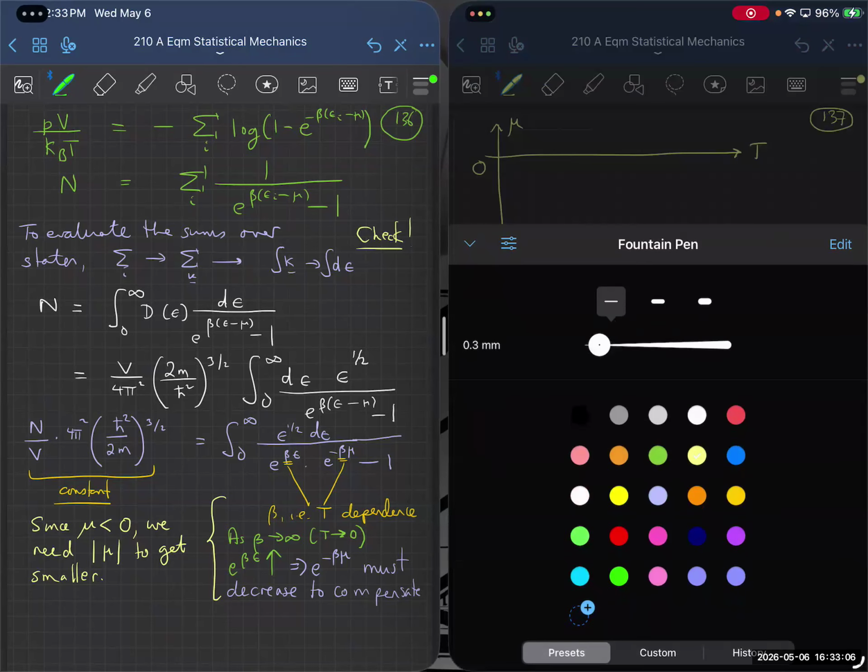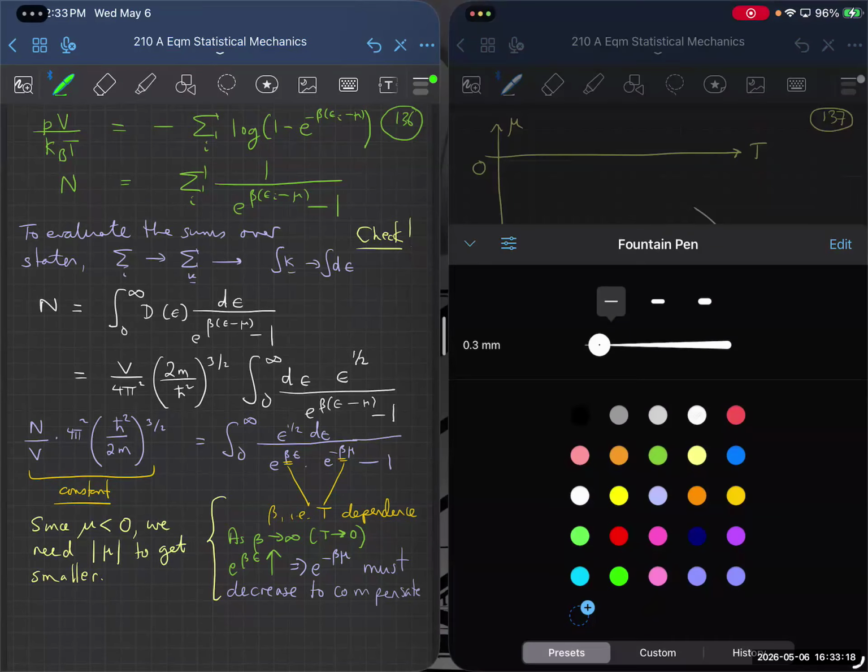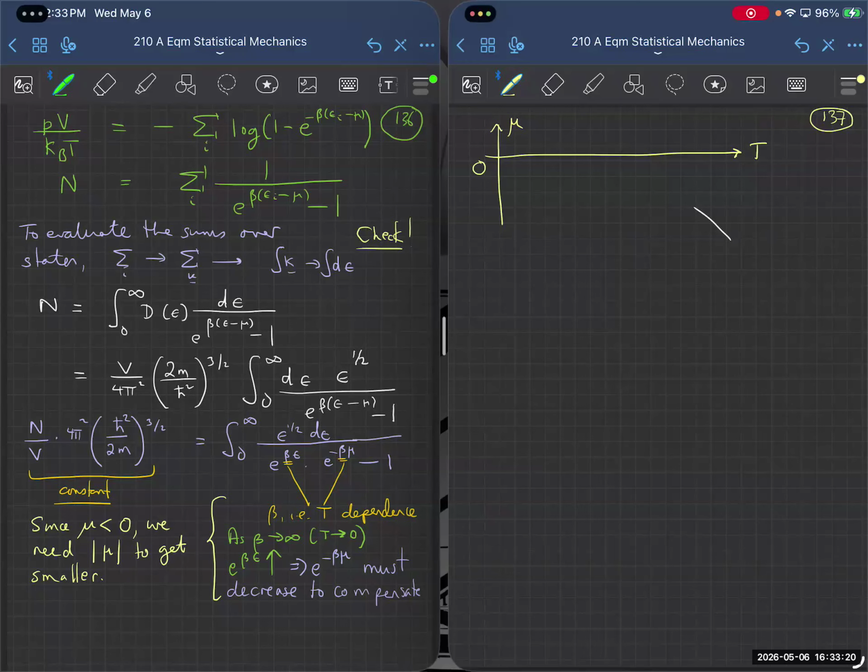What we know from the Fermi case is that mu is large and negative at large temperatures. And what I've just argued for you is that as we make temperature go towards 0, this thing continues in this direction and goes up, the absolute value of mu gets smaller, but still remains negative.